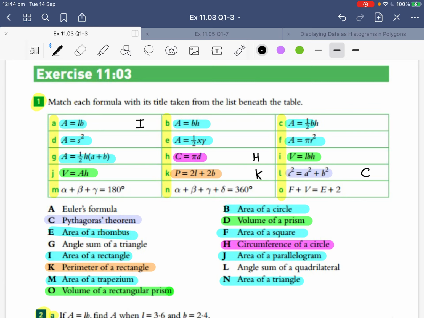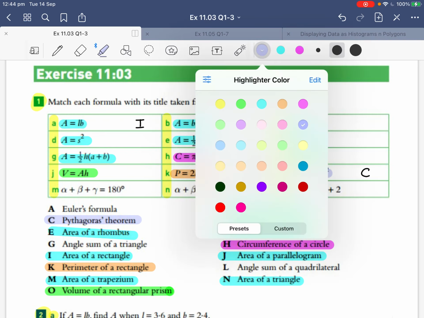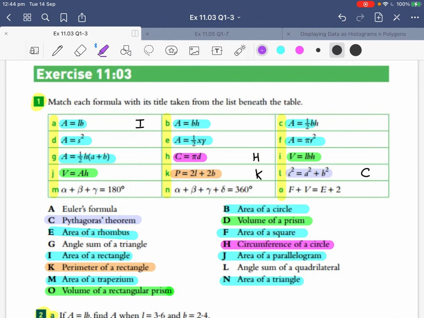Then what we have left is our last 3 formulas and our last 3 titles. We have Euler's formula, a formula that you haven't really seen before. And then we have angle sum of a triangle and angle sum of a quadrilateral.